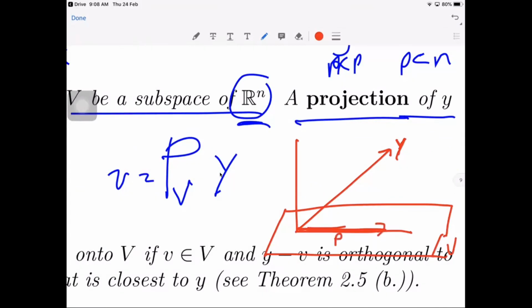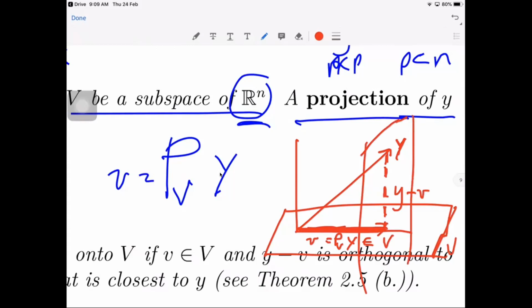This is the projection of Y onto V, and this is in V. If this is small v, then Y minus small v is the one which is orthogonal to the projection of Y onto V. So this is your subspace V, and the space perpendicular to the paper is your V perp. Okay?